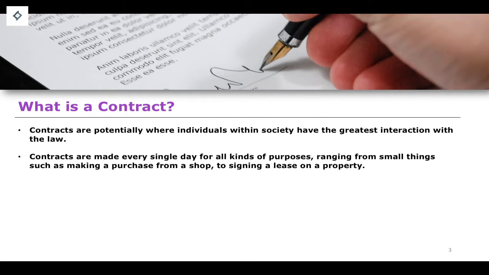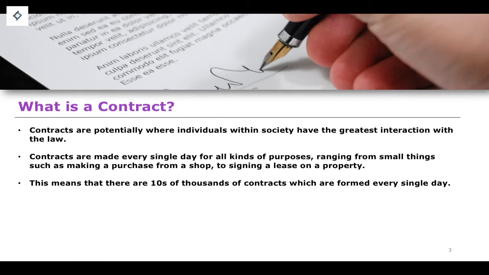Some might be very small things, such as the purchase of an item from a shop. They could also be very large things, like the signing of a lease on a property, something that would commit you to a significant sum of financial liability, as well as a significant period of time as the leasehold owner of a particular property.